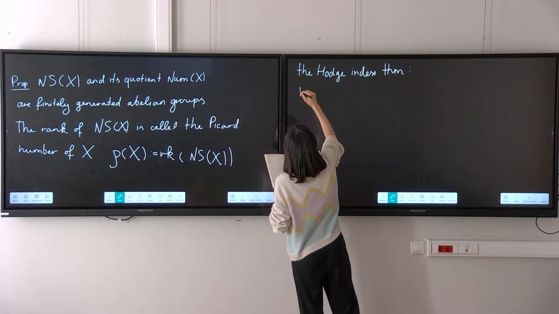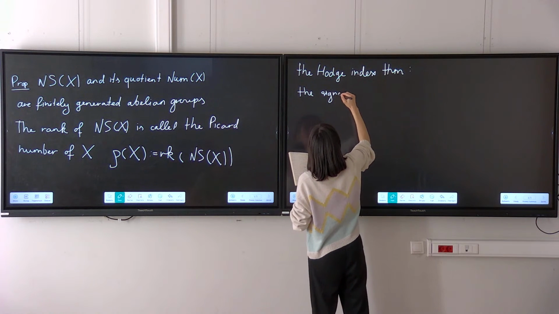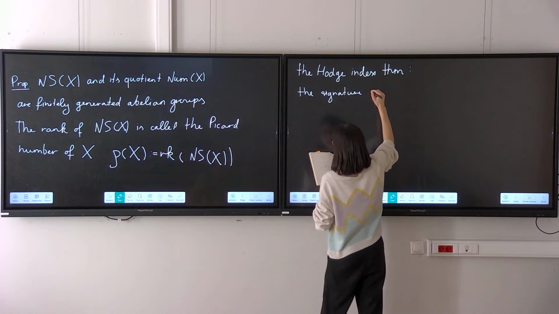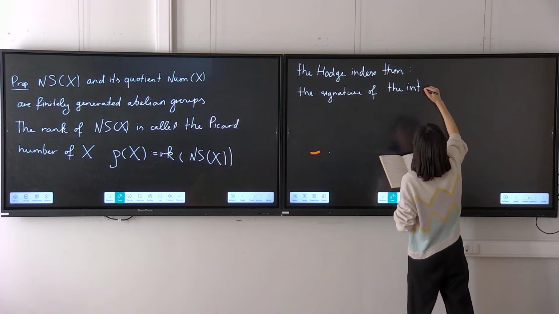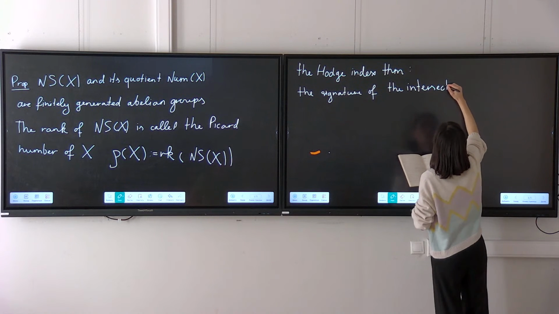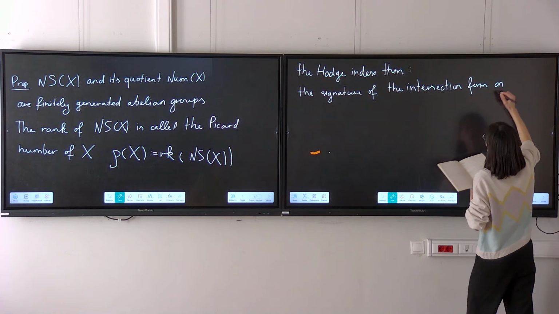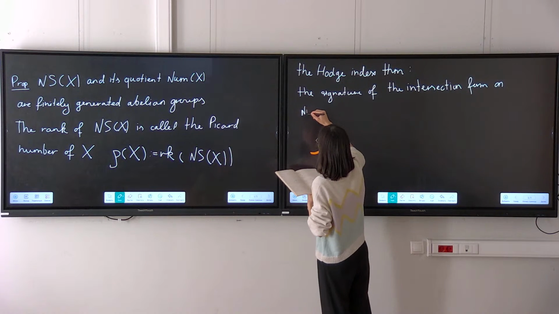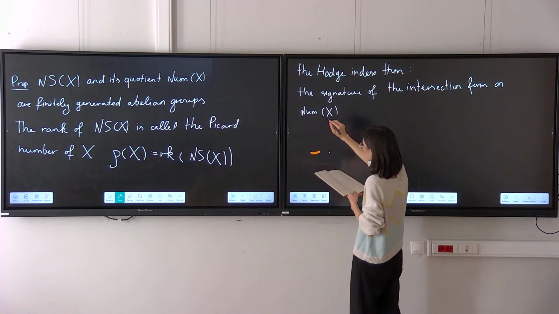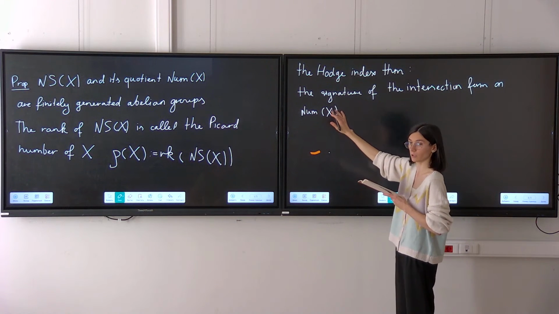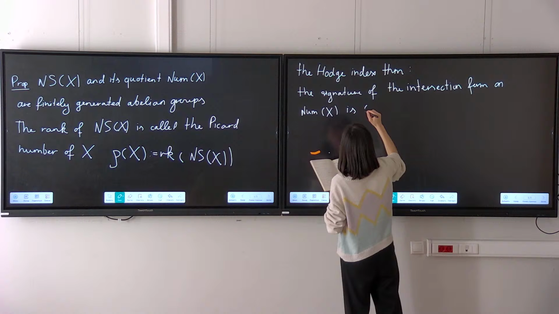So we can state it in the following way: the signature of the intersection form on numerical X, note that we consider here the induced intersection form on the numerical group of X, not the Picard group. It's important. Is 1, rho X minus 1.